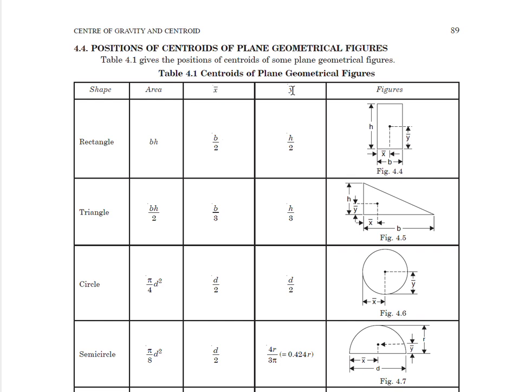If we take the lower left corner as the origin, it is b by 2 along the x direction and h by 2 in the y direction. This is the point where the centroid of the rectangle will lie.